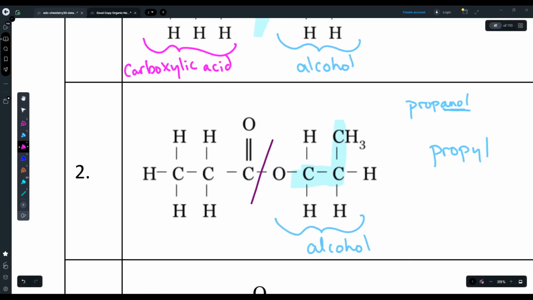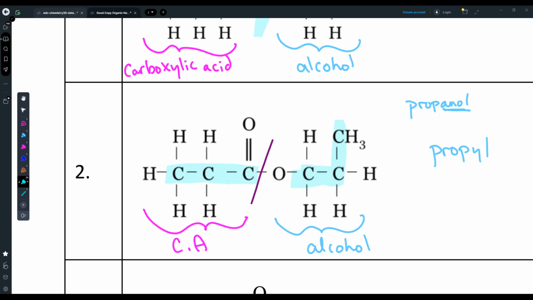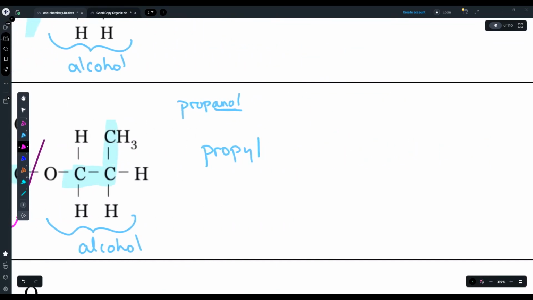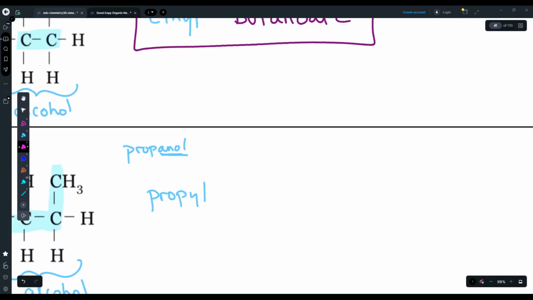Okay, now let's look at the carboxylic acid. So that's this section. I'm going to abbreviate carboxylic acid to CA. The parent chain is right here, so there's 3 carbons in that parent chain. So if I was naming that carboxylic acid, the prefix that means 3 is prop. And as a carboxylic acid, I would call that propanoic acid.